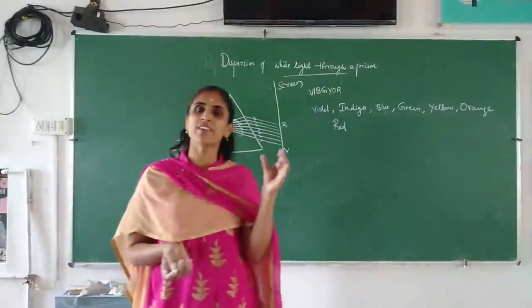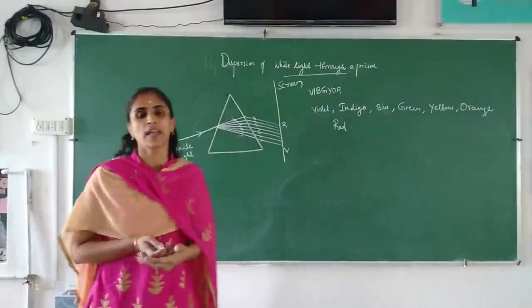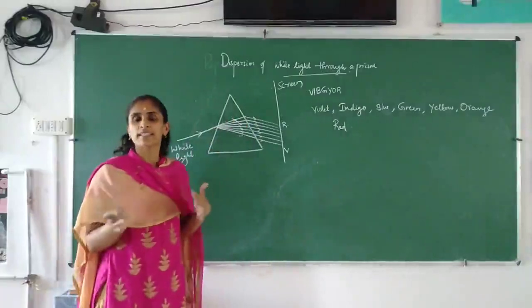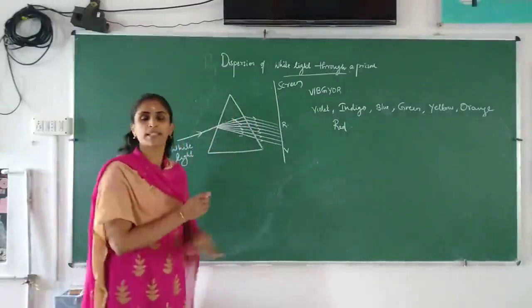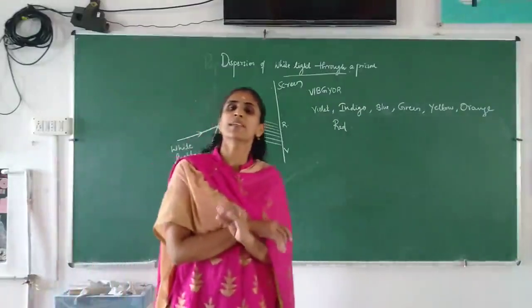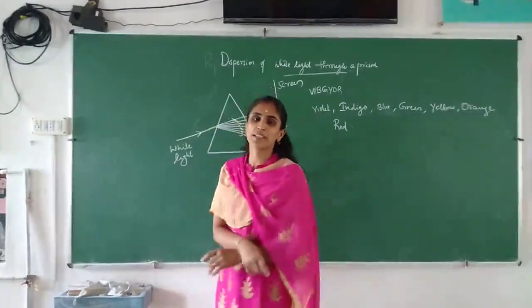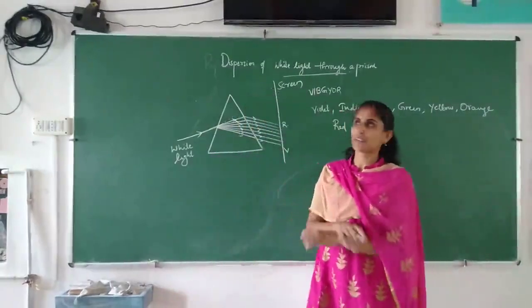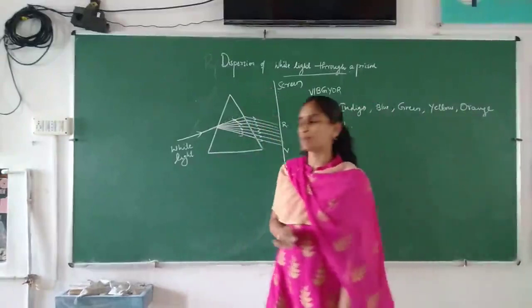You cannot split the white light into component colors. But when the white light is passing through a dispersive medium like a prism, that white light will be split into its component colors. And the splitting of white light into its component colors is known as dispersion.